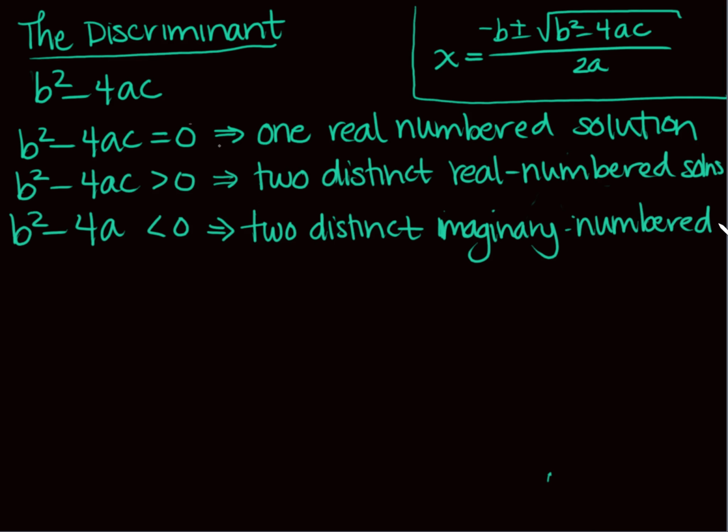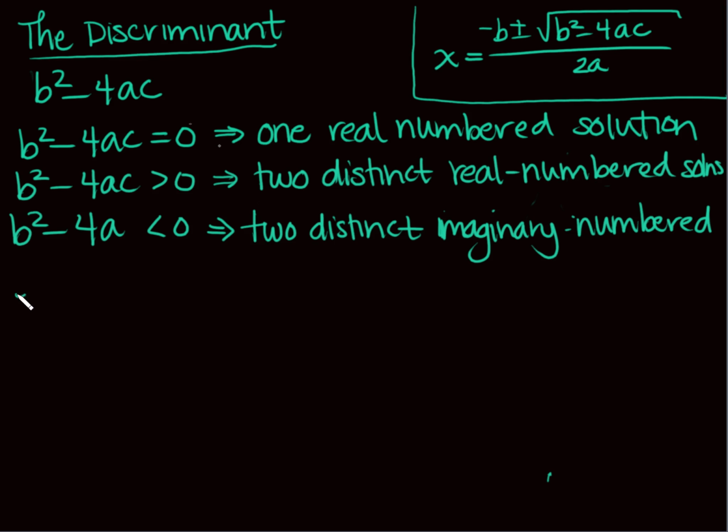If I have, like, 5 times the square root of negative 25, I have 5i, and they're going to be complex conjugates of each other as well, because I won't be able to simplify it or combine it with that negative b. That's what the discriminant tells us.